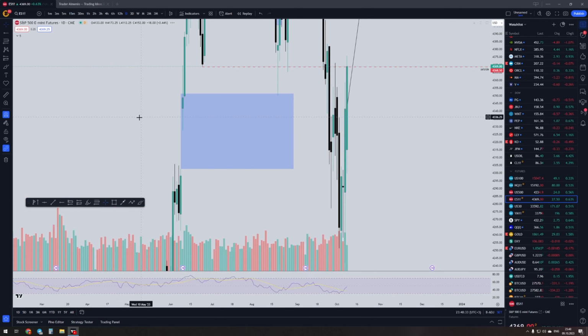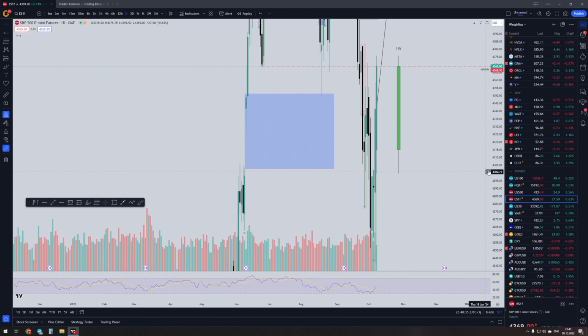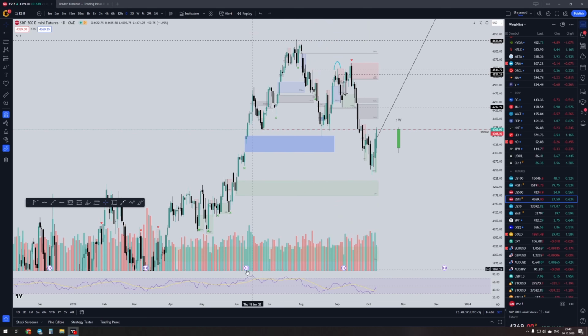For example, on daily, somewhere here we've been overbought. So for example, we should go down, but no, we went up almost 4%, but RSI was overbought already, right? So I don't look much at it.